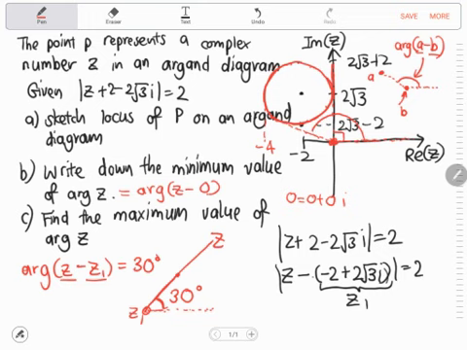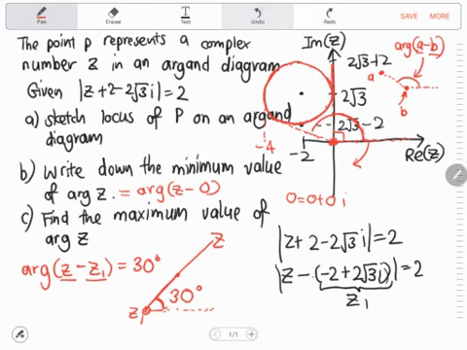If we go for argument Z, going in this direction is negative. However, Z is not here. Z is not anywhere in the third and fourth quadrant. So we measure in this direction, and this is the smallest possible angle. Right. If Z is here, that is the smallest possible angle.